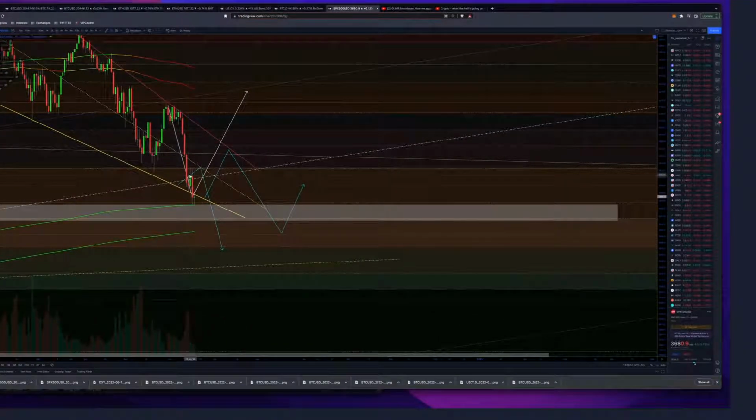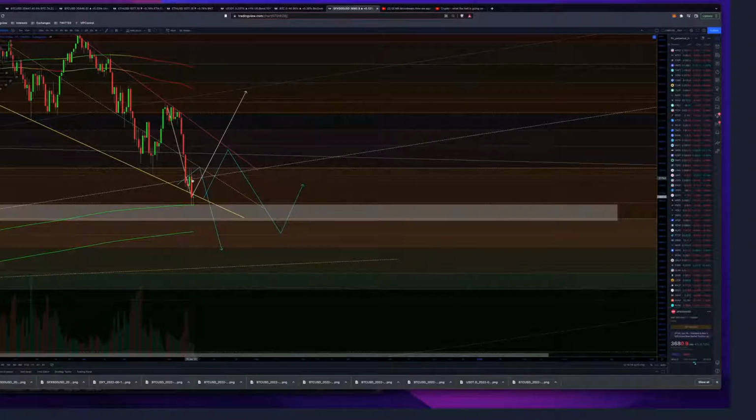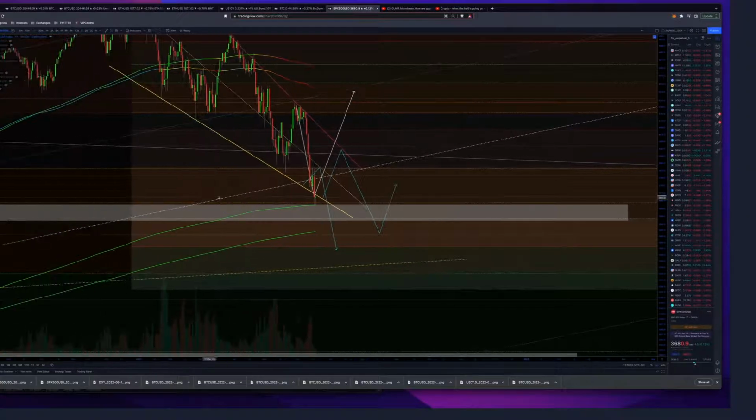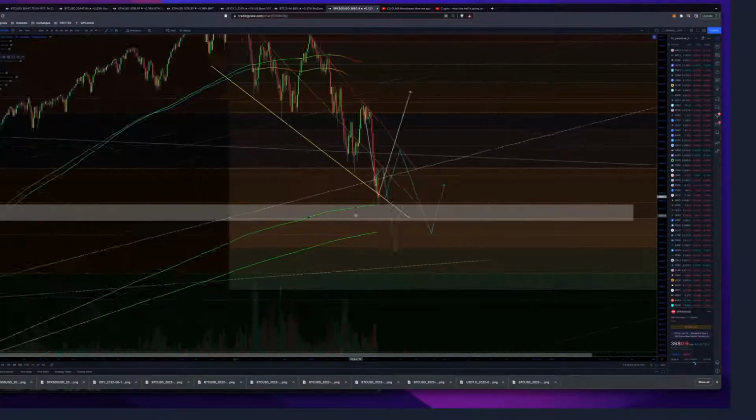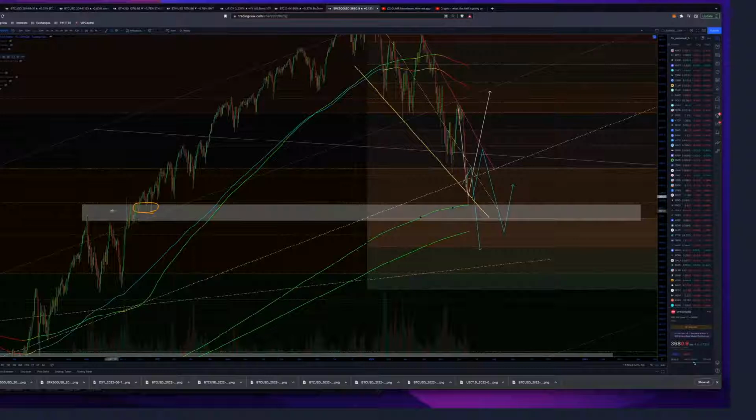We had that little rally when they first mentioned it, and then we had this dump. The S&P 500 is also aligned with its weekly 200 moving average, interestingly enough. It's a key level. I had this some time back: previous support, previous resistance, and we had support as well. So this range is going to be important.